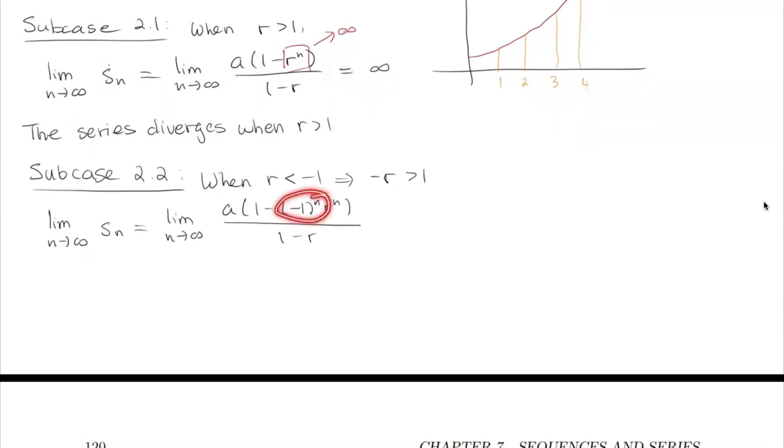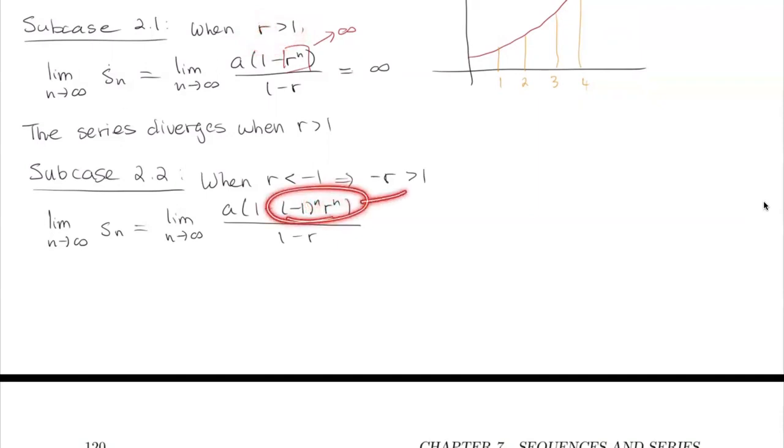Now, because of this, as n goes to infinity, this part here, we don't know whether it diverges. We know that this part here is just going to diverge, and we also know from the r greater than 1 case that this is also going to diverge here.